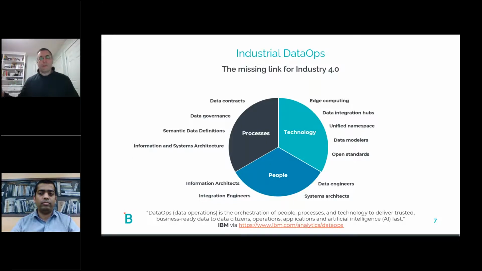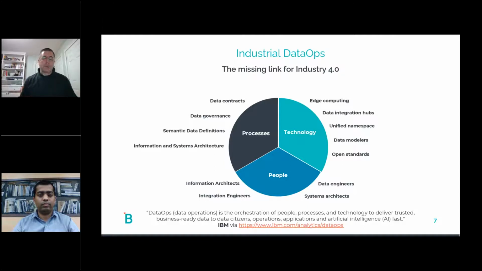And what do we want to do in the cloud? So we may want to adopt edge computing. We need to move data seamlessly through those three levels. The edge, sometimes referred to as the fog, and then the cloud, the data centers, and all of our different use cases. We need to think about unifying the namespace, modeling the data, and leveraging open standards.